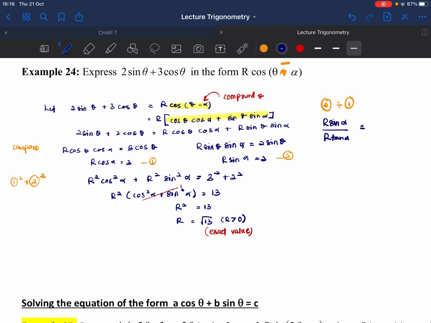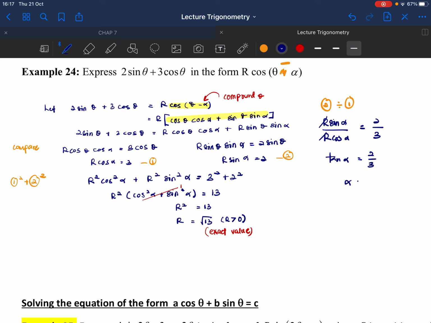Same goes to the right hand side. We should have 2 over 3. Okay, so cancel out r dengan r. So sin alpha over, here is cos alpha kan, sini ialah cos alpha. Okay, sin alpha over cos alpha, we should get tangent alpha. Sini r dah cancel, so tangent alpha is equals to 2 over 3.